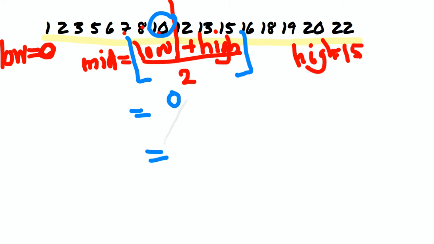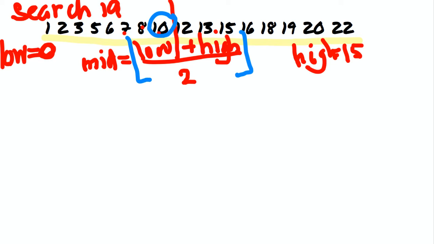If we now perform the comparison, say we're going to search for 19 in the example, is x greater than our middle term? Is 19, again 19 is given by the problem, greater than 10?